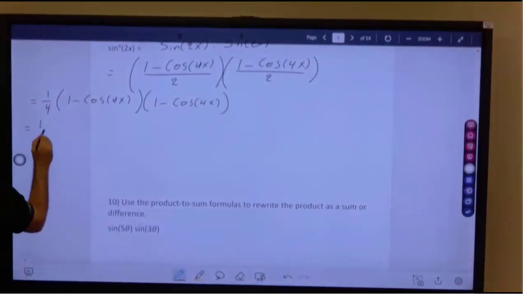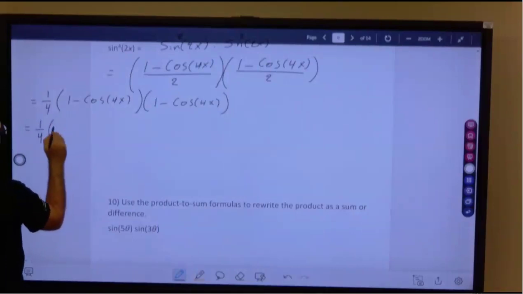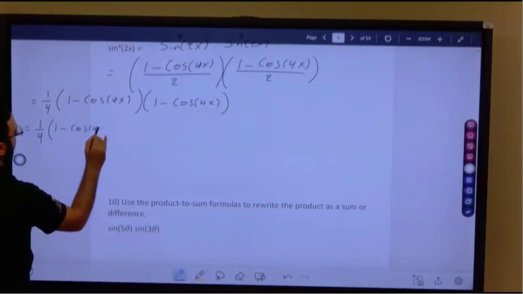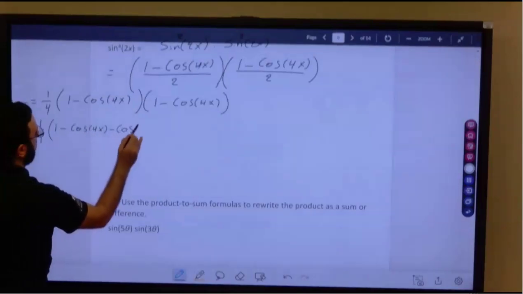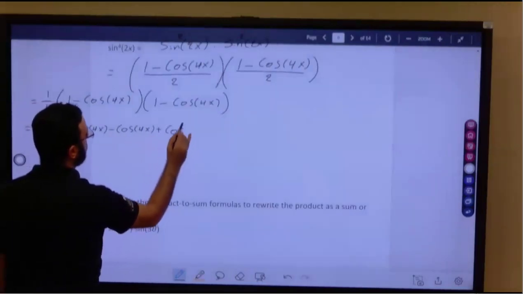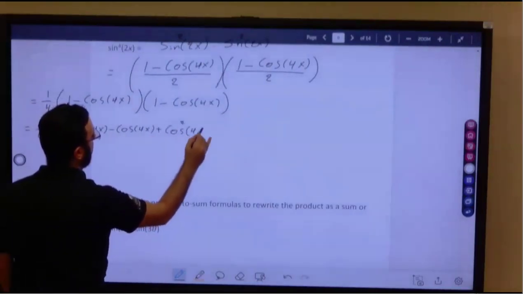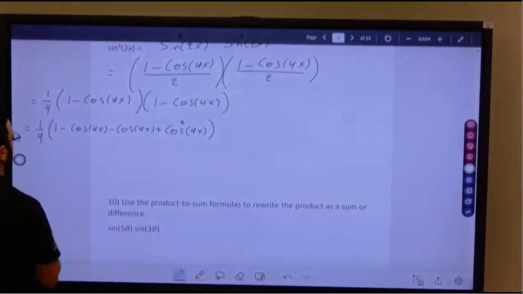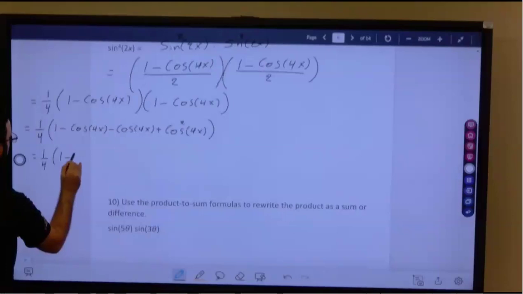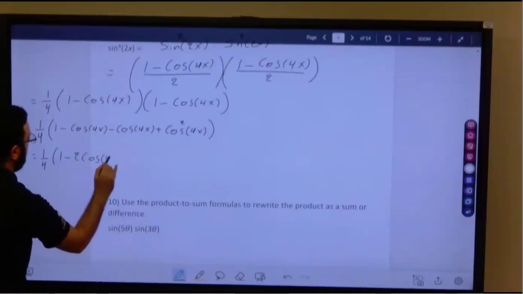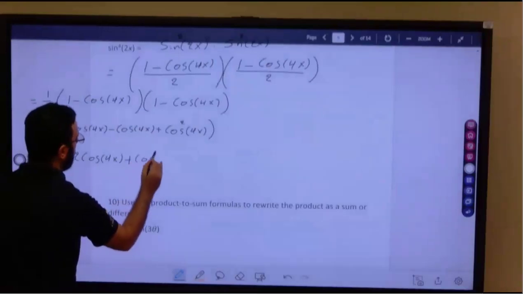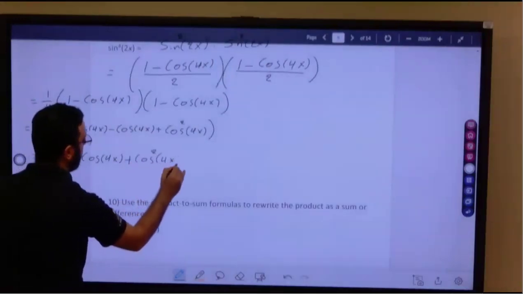So it's going to be 1 over 4, 1 times 1, 1 minus cosine 4x minus cosine 4x plus cosine squared 4x. And then combine the like terms, so it's going to be 1 over 4, 1 minus 2 cosine 4x plus cosine squared 4x.